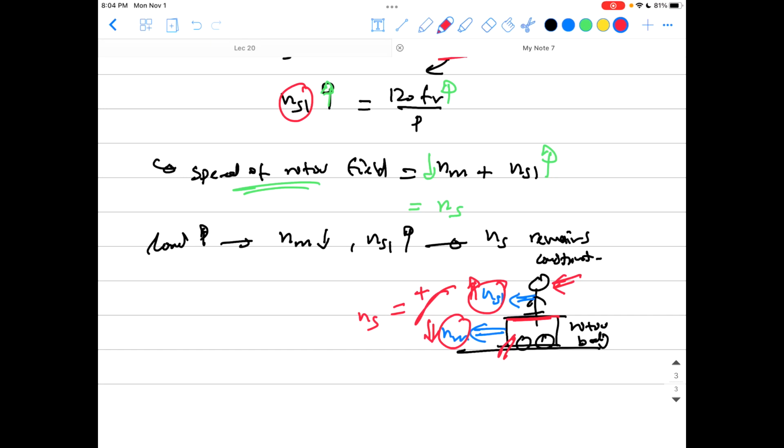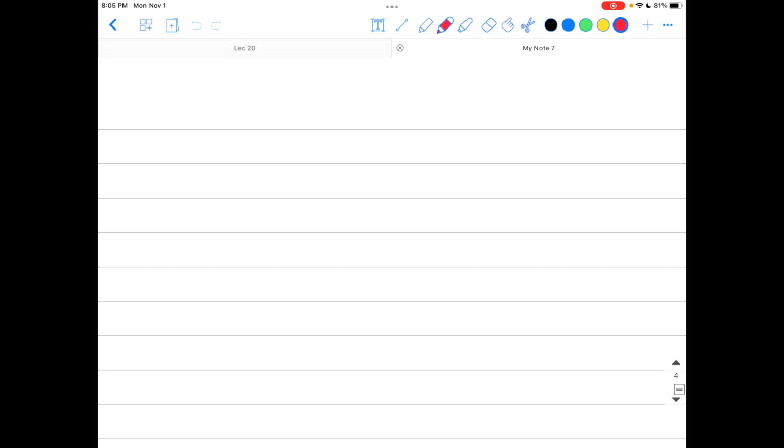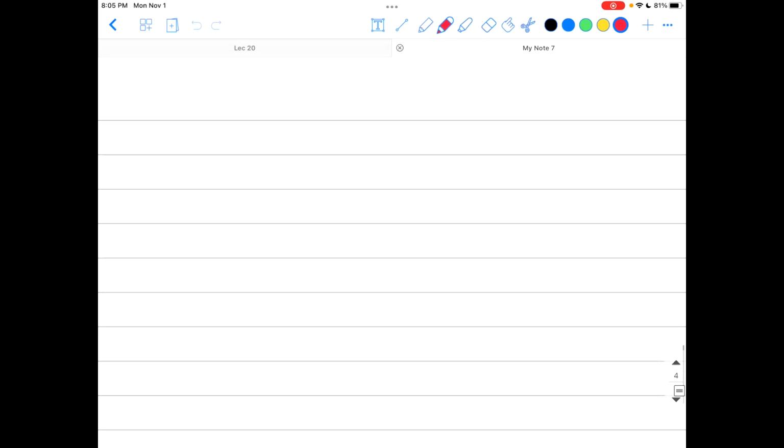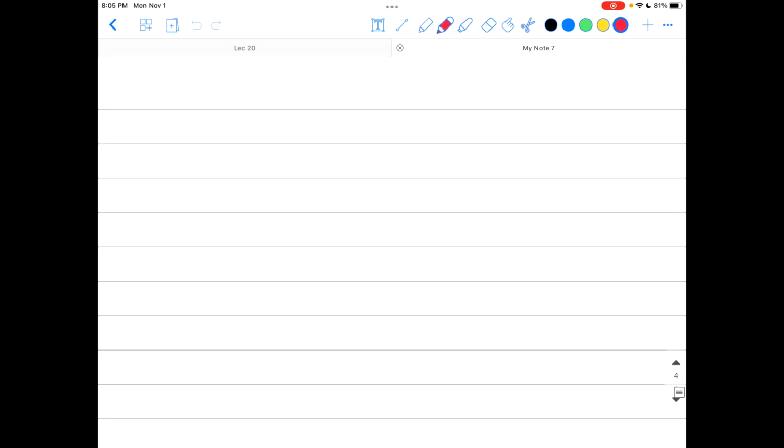And speaking of relationships, now that we are quantifying things, let's talk about the equivalent circuit modeling. Just like we did with the other machines, DC machines and synchronous machines, and now the induction machines.